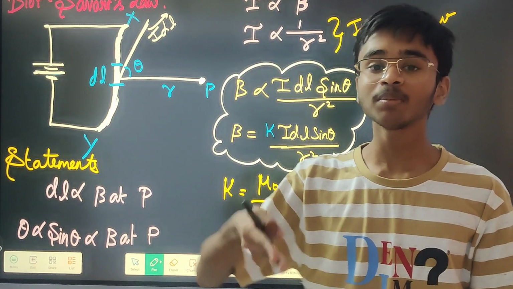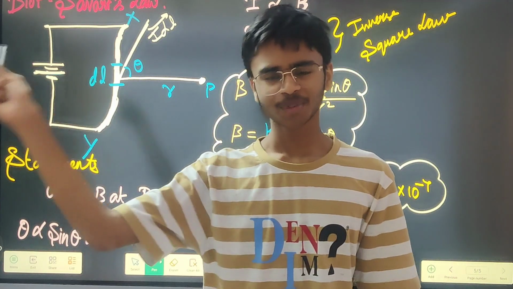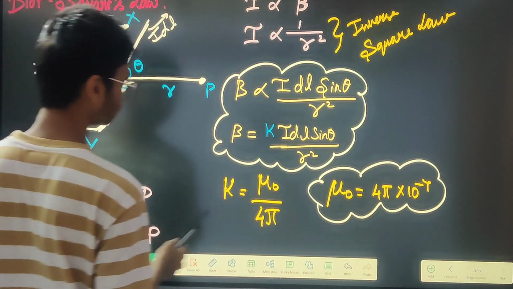I cannot believe that I can remember all these values, because I did not read them all. What is mu naught? Mu naught is the permeability. What is permeability? Check the earlier videos that I have uploaded. There it is very clear.